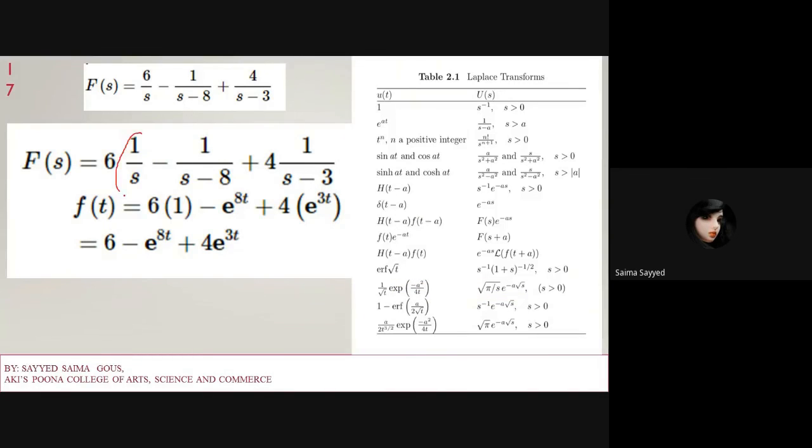Now use 1 upon s is unit step, that is 1, and 1 upon s minus a is e raised to at, where a is 8 here. So it becomes 6 into (1 minus e raised to 8t) plus 4 e raised to 3t. So this is the Laplace inverse of this particular function.